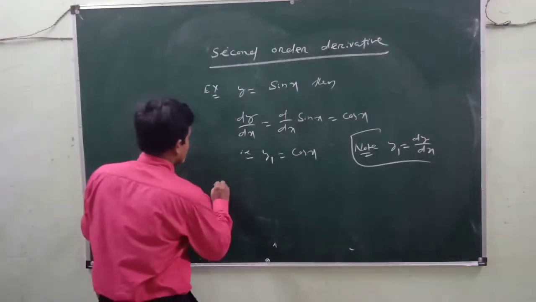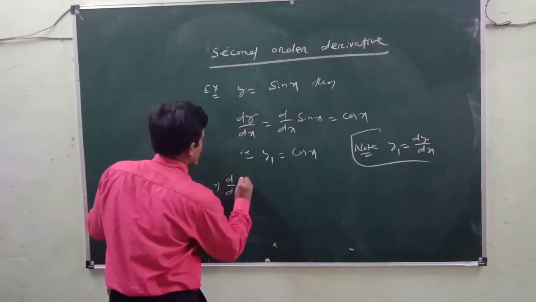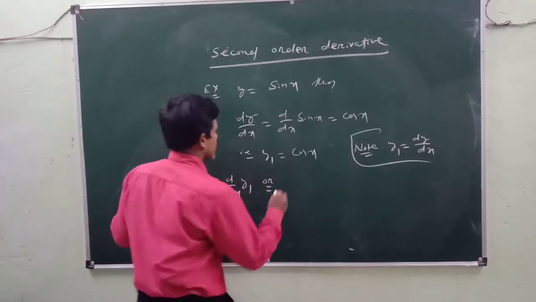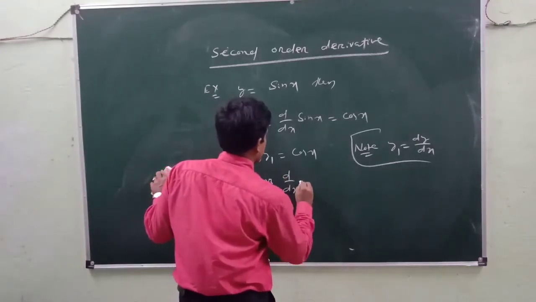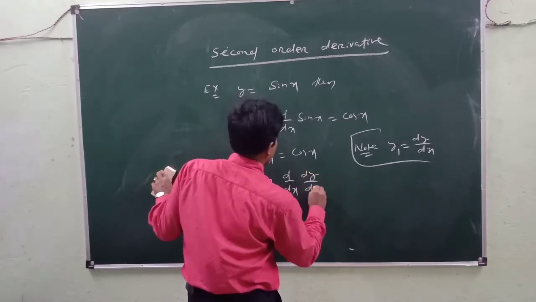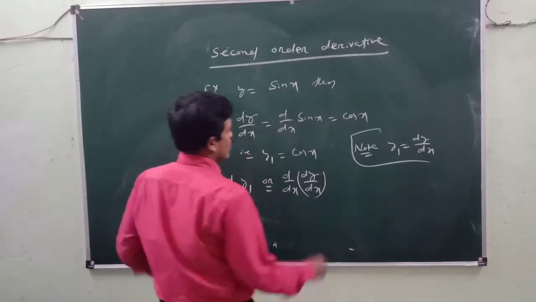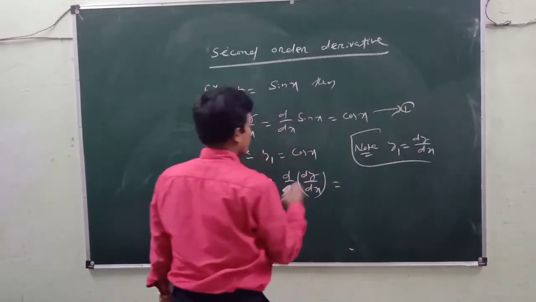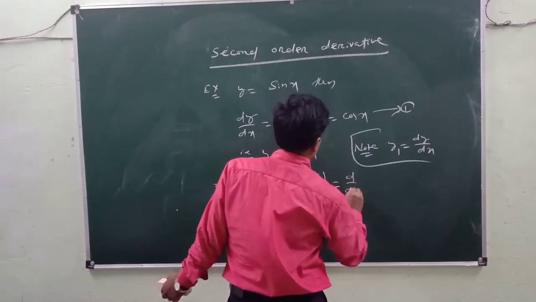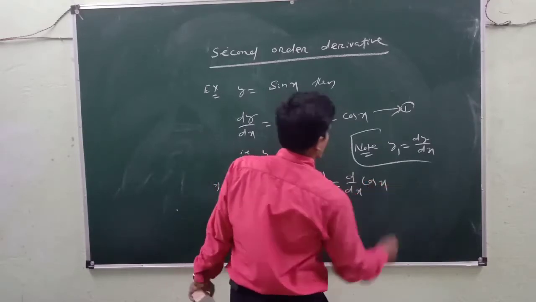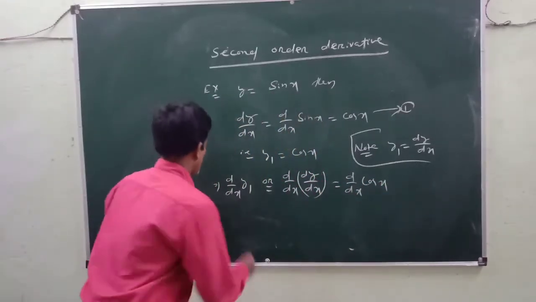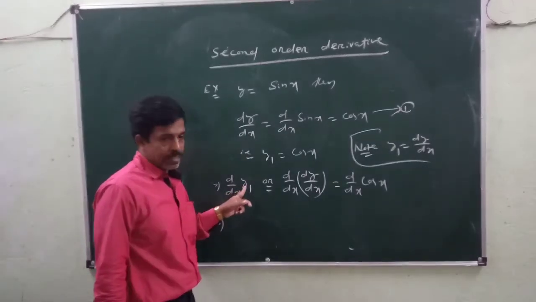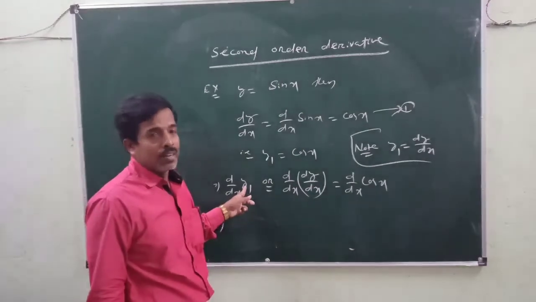That means d by dx of y1, or it is also written as d by dx of dy by dx. So from 1 it will be d by dx of cos x.